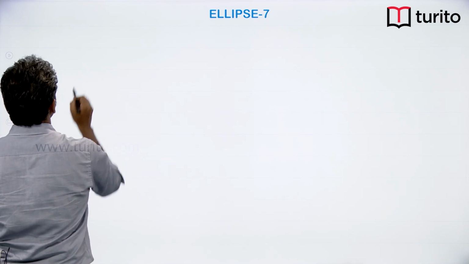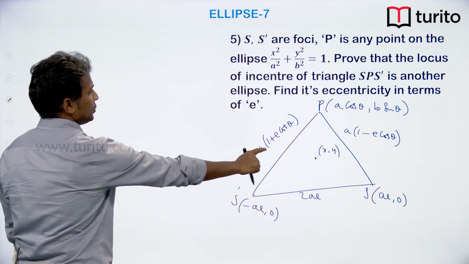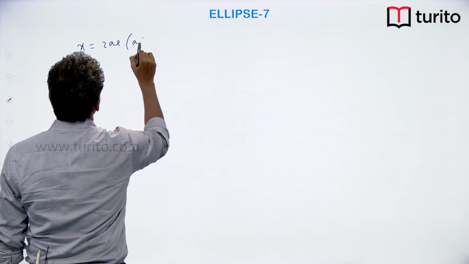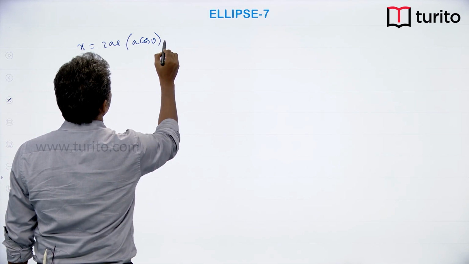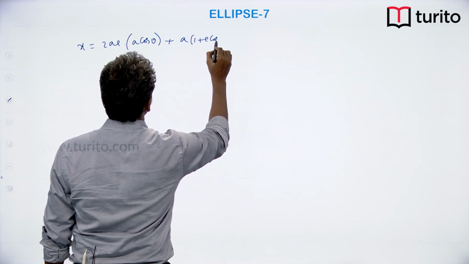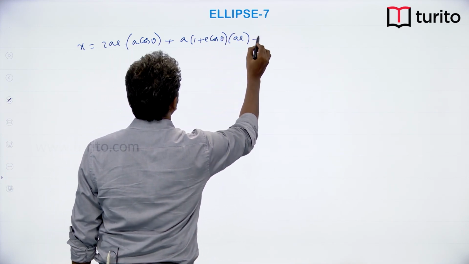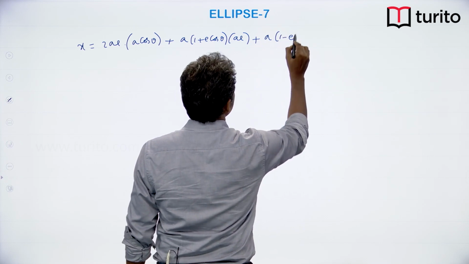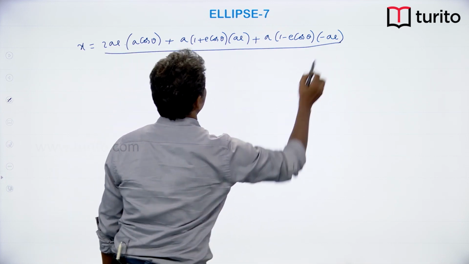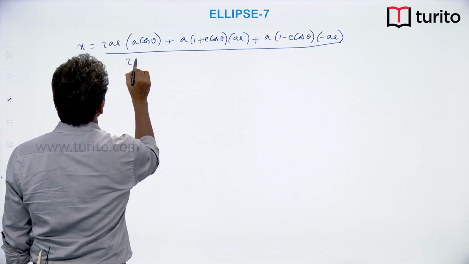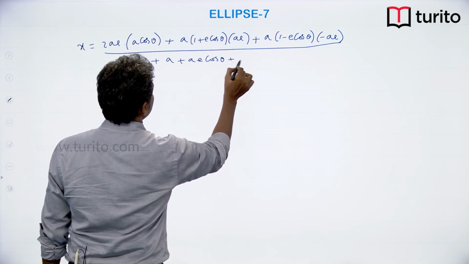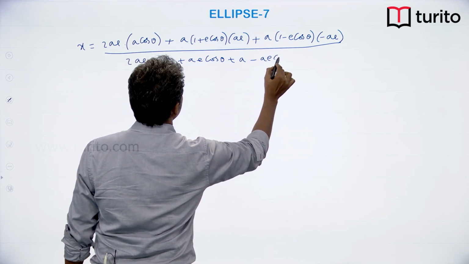So, x is going to be 2AE into x1, so 2AE into A cos theta, plus A into (1 plus E cos theta) into AE, plus A into (1 minus E cos theta) into minus AE, and divided by the sum of all three sides, which is going to be 2AE plus A plus AE cos theta plus A minus AE cos theta.